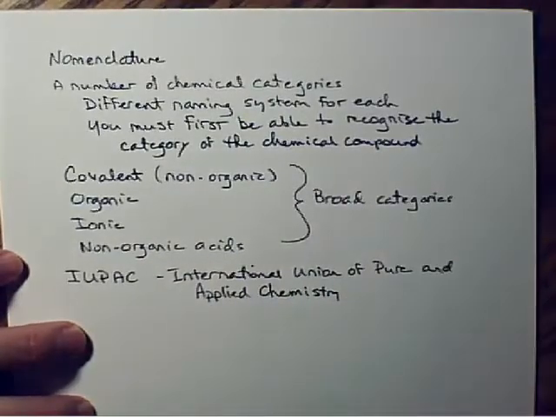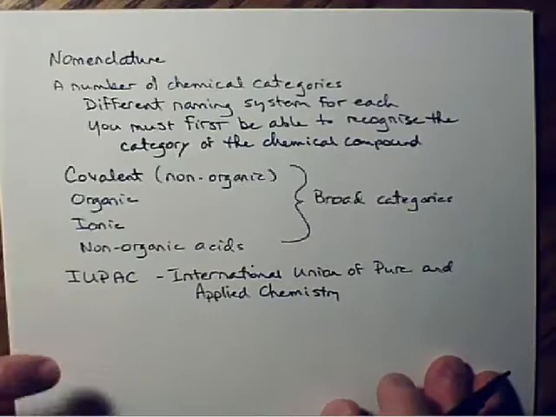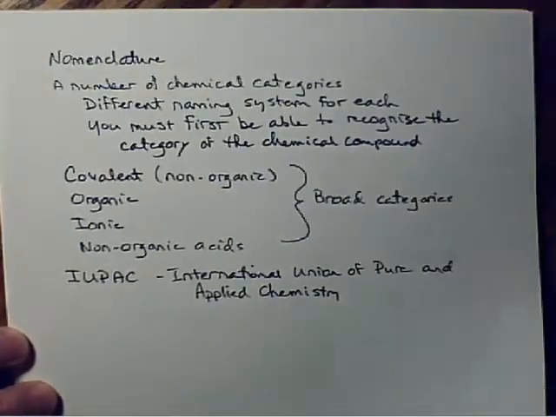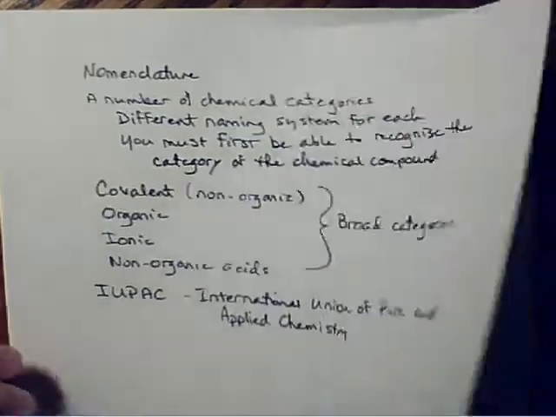And they're the ones that come up with the accepted or universal naming system for chemical compounds or for chemicals themselves. They're the ones that come up with the names for the elements that are on the periodic table. They're the ones that decide when some group of scientists actually have created a new element, and then generally speaking, they allow that group to name the element. Okay? With me so far? All right.